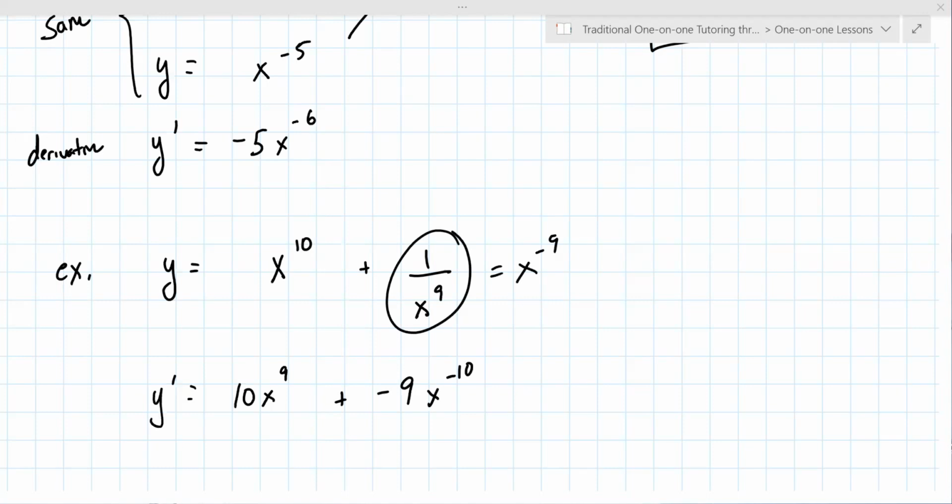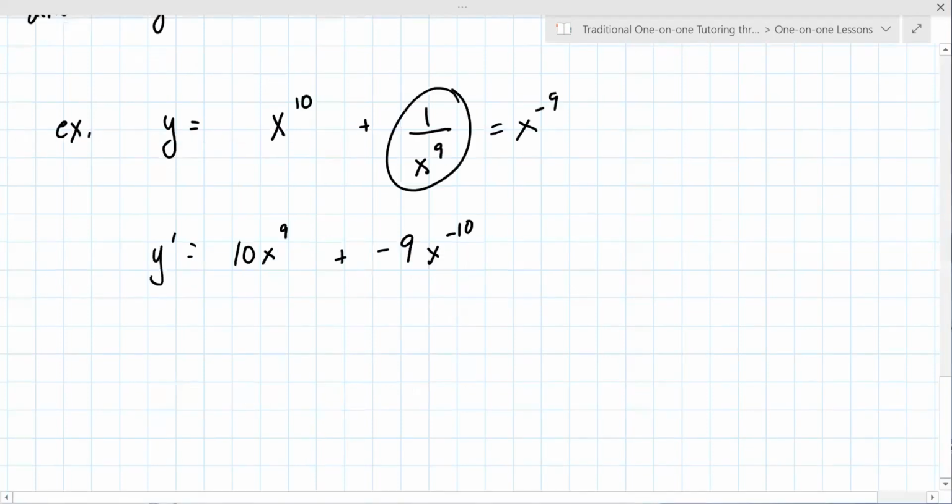Okay, let's do another one. Let's say we've got y equals x to the minus 11 plus 1 over x to the 10th.